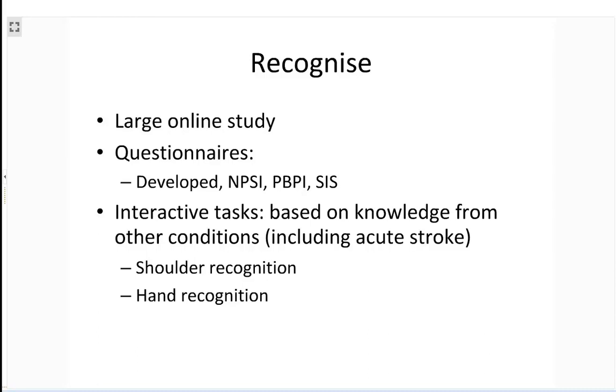So other conditions of long-standing pain states, something like complex regional pain syndrome or long-standing neck pain, we now know that people with these long-standing pains, when they're presented with images, so if someone has long-standing right hand pain, if they're presented with images of left and right hands, when they're asked to identify which is which, they're very quick and accurate at identifying the left hand, but for the affected hand that they have the pain condition for, they take longer to make a decision about that being a right hand, and also they're more likely to get it wrong.